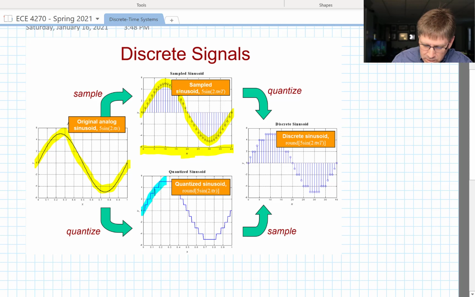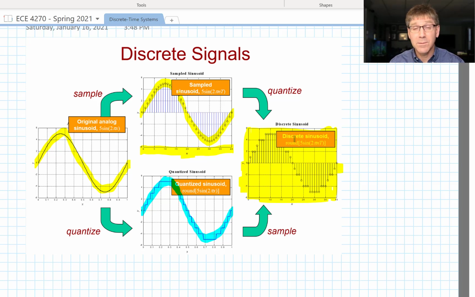This lower plot is showing discretization of the continuous time sinusoid, and then over on the right we have both discretizations occurring at the same time. That is, we have discrete samples of our signal, and each of the discrete samples has a discrete amplitude.